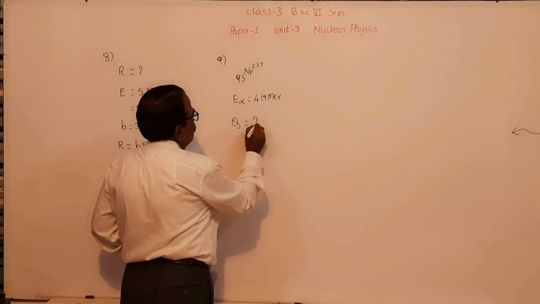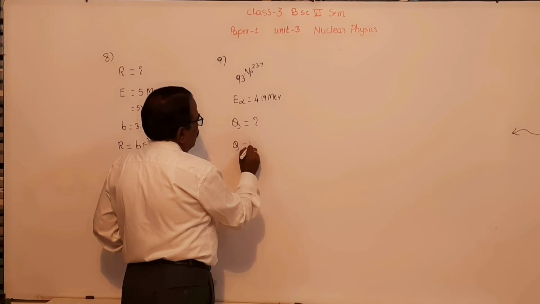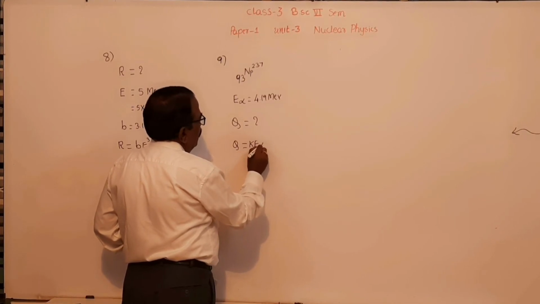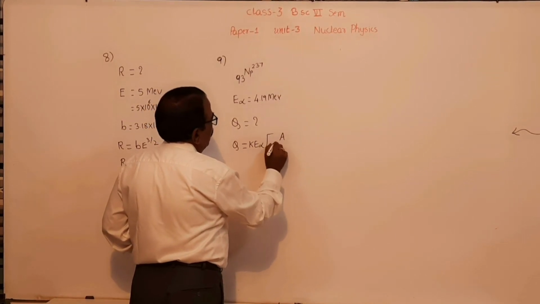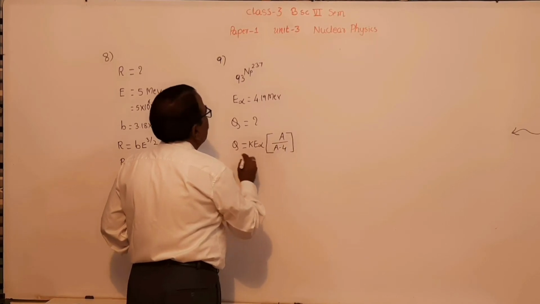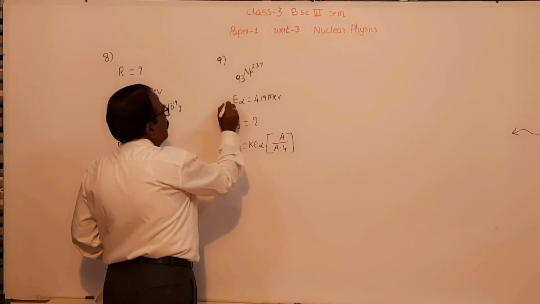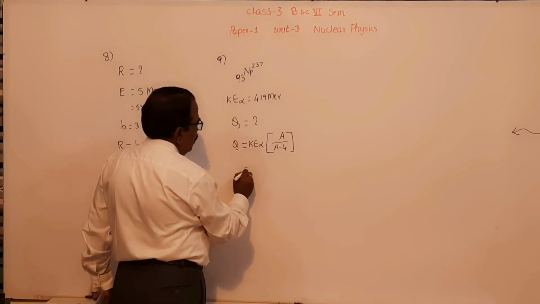Q is what? You know your Q is KE alpha into A upon A minus 4. Here the kinetic energy of the alpha particle is 4.19.